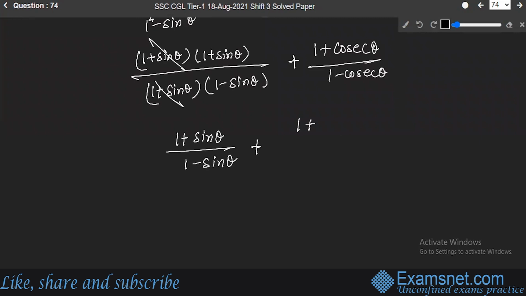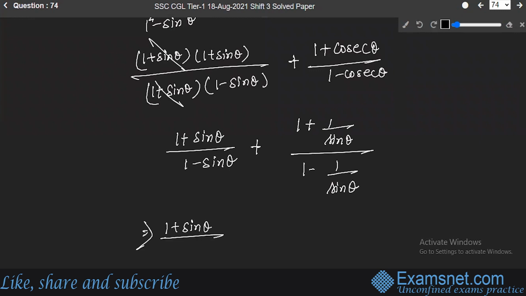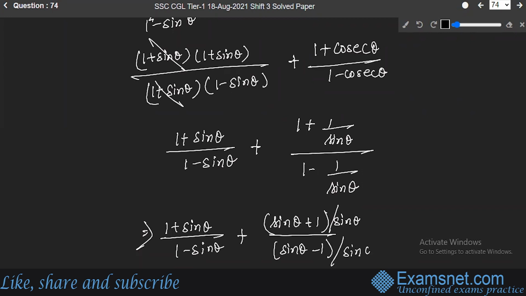Now I will change cosec into sine: 1 upon sine theta upon 1 minus 1 upon sine theta. So now you have (1 plus sine theta) upon (1 minus sine theta) plus (sine theta plus 1) divided by sine theta, upon (1 minus sine theta) divided by sine theta.